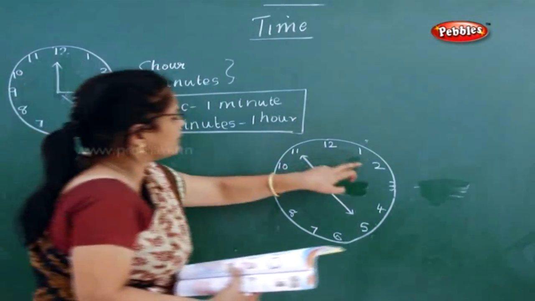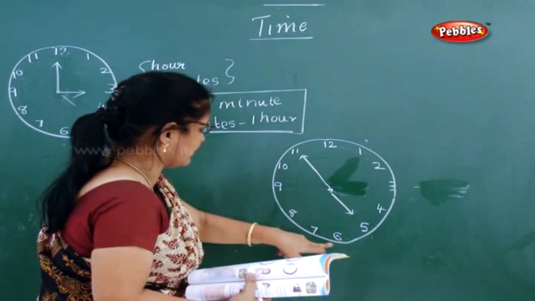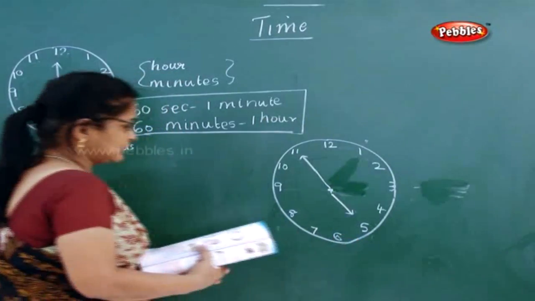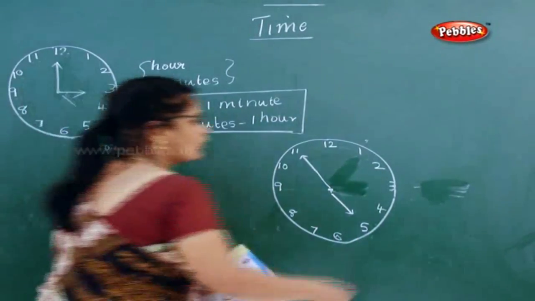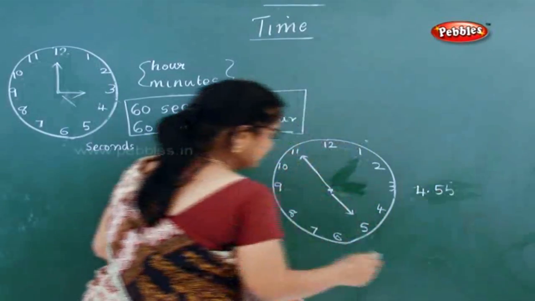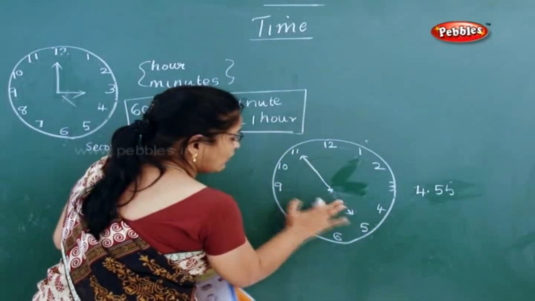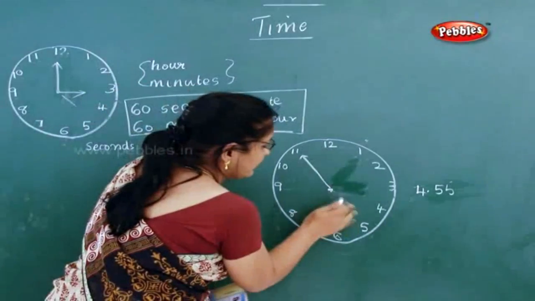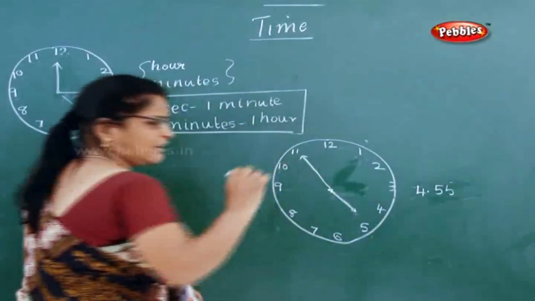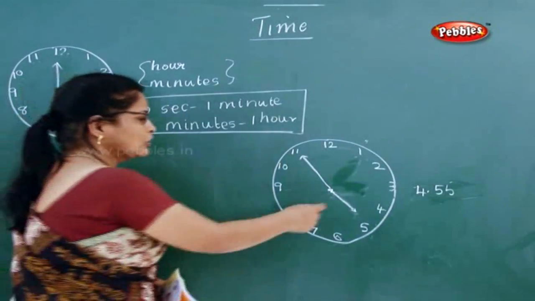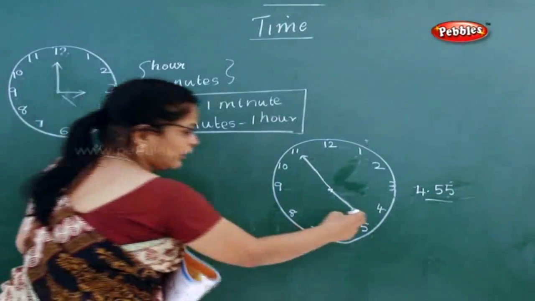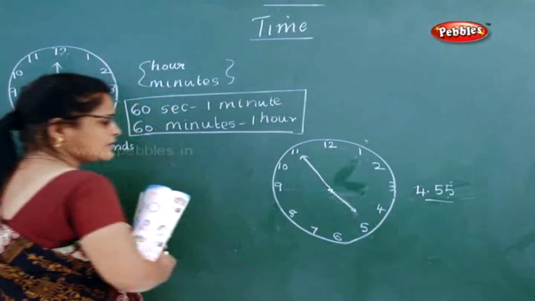So that means 5, 10, 15, 20, 25, 30, 35, 40, 45, 50, 55. So what will be the time now? It is 4:55, because this small hand is standing in between 4 and 5. It is not straight at 5. So it is 4:55. You have to be very careful. You have to see where it's straight, the small hand.